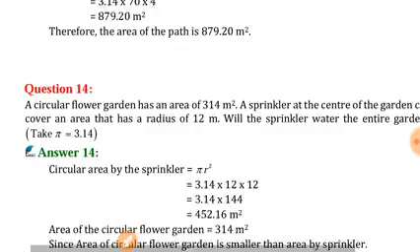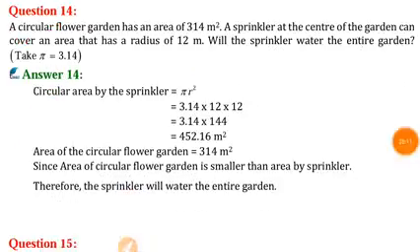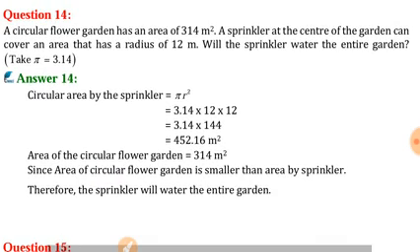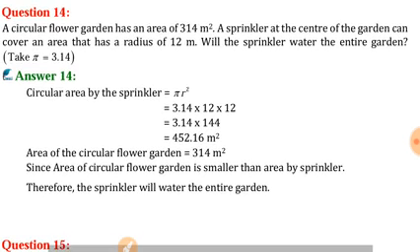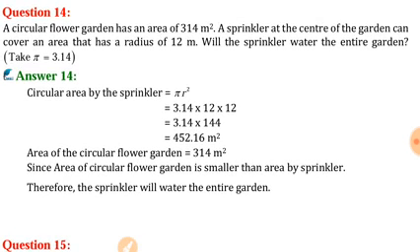Then question number 14. A circular flower garden has an area of 314 meter square. A sprinkler at the center of the garden can cover an area that has a radius of 12 meter. Will the sprinkler water the entire garden? So the area of the circular garden is given here, pi r square.